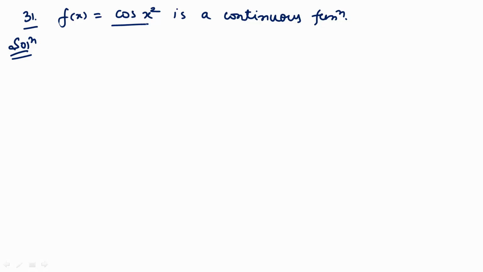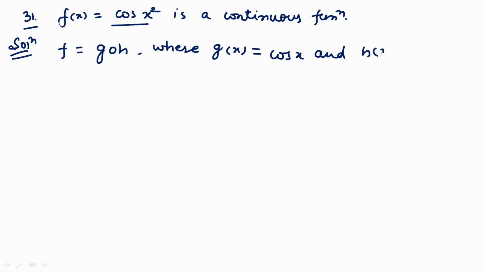This function is defined for every real number, as you know that, and f can be written as the composition of two functions, f is equal to g of h, where g(x) is equal to cos x and h(x) is equal to x square.